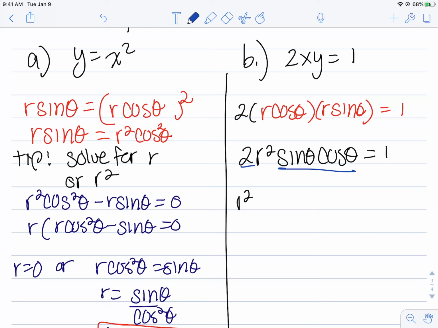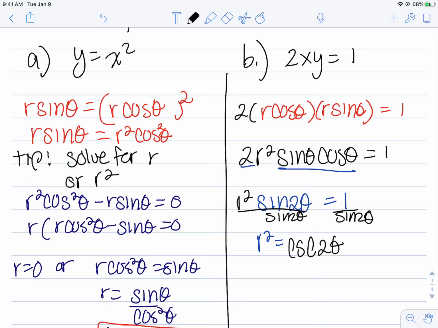Double angle formula. 2 sine theta cosine theta is sine of 2 theta, so r squared times sine of 2 theta equal to 1, which means if I divide both sides by sine of 2 theta, I have r squared equals cosecant of 2 theta. And if this was a matching, this is what I would want.